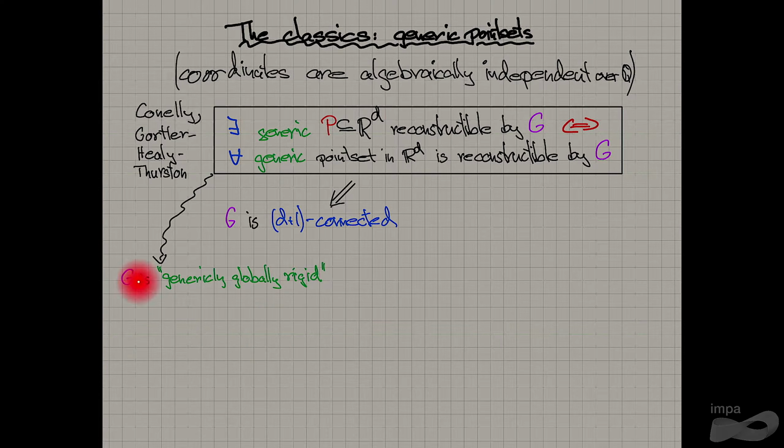Let's make one simple observation about generically globally rigid graphs. They should be d+1 connected. You can imagine that if there is a cut set of size d, then you could make an embedding of one part of this graph, left of the cut set and right of the cut set, in d-dimensional space.